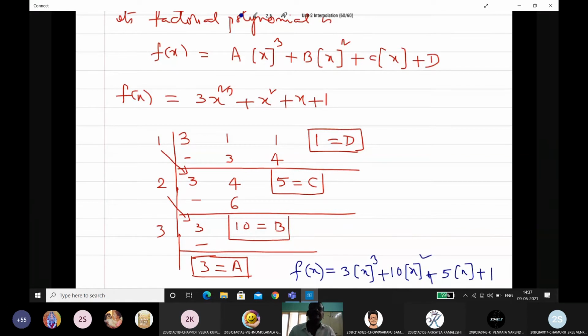This is the answer. This is the regular method that we have already done.